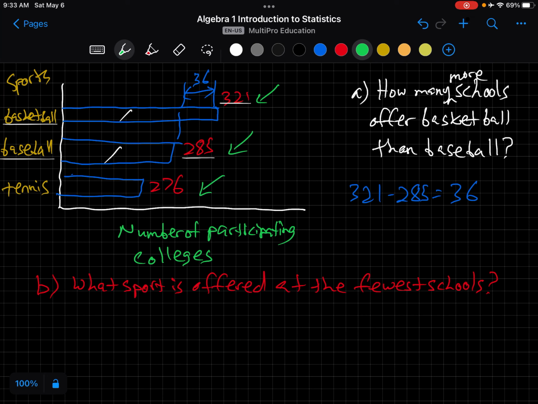If we look at tennis, there's 276. So we have to find the smallest number. Let's start comparing. Is 321 or 285 smaller? I'll let you answer. If you said 285, that's right. Now, which one's smaller between 285 and 276? 276. So which sport is 276 for? Tennis. Right. So tennis would be the answer.